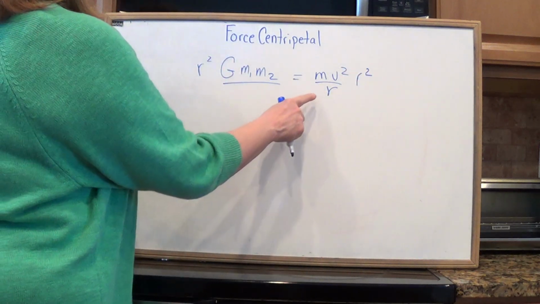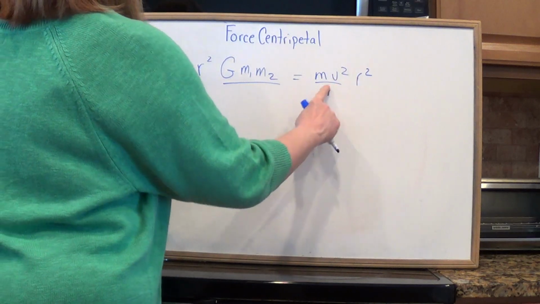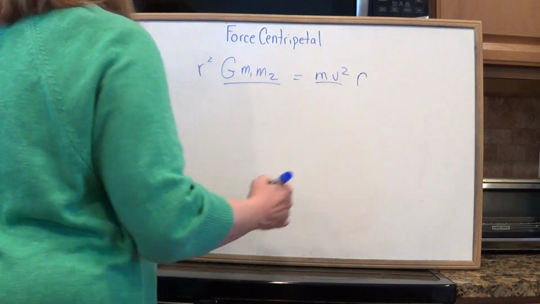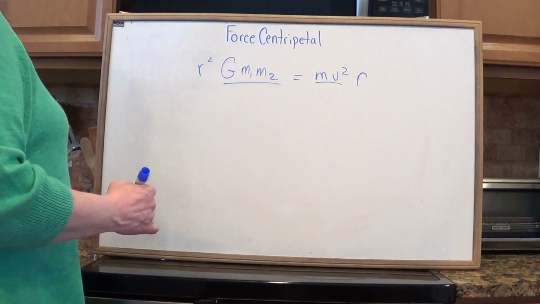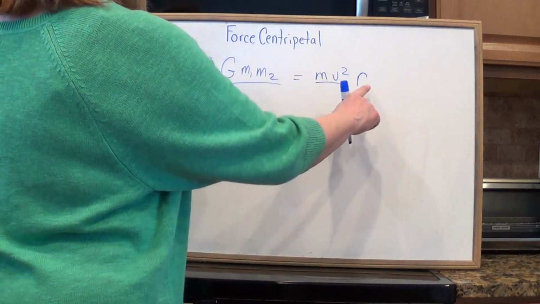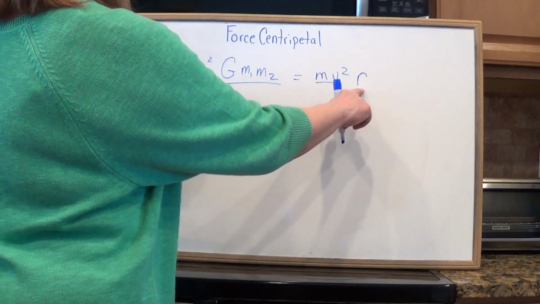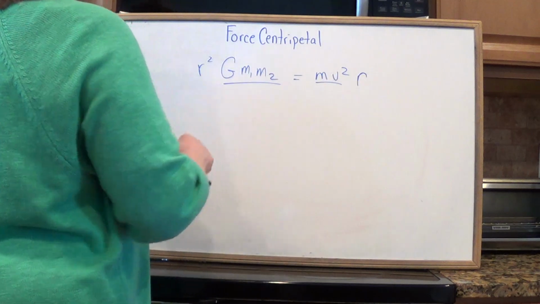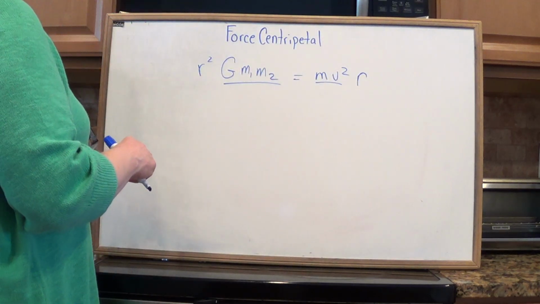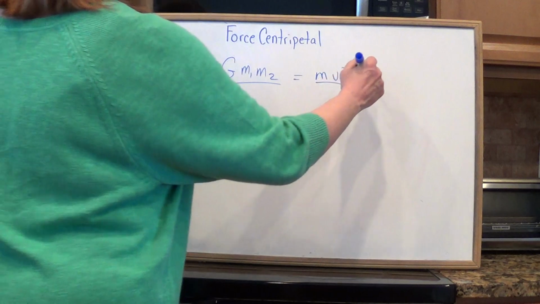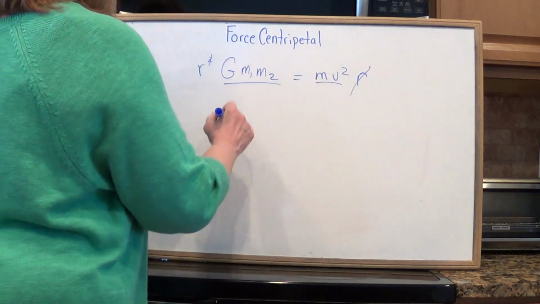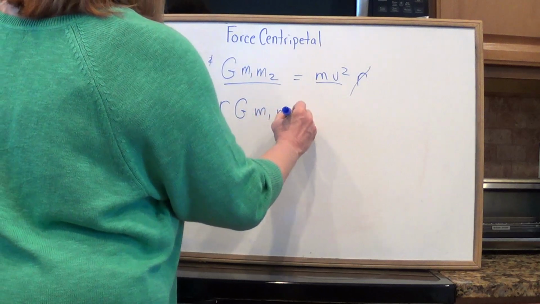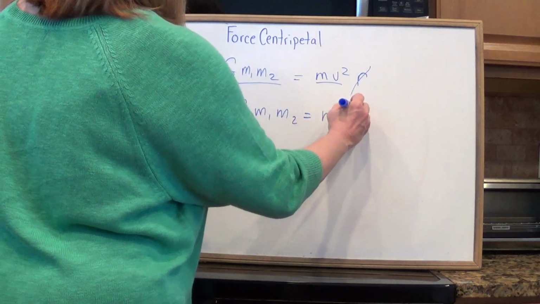On this side, however, you'll notice the r in the denominator will simplify one of these r's in the numerator. So now that has become simplified. The r squared is now out of the denominator. I can divide both sides by r and get it even more simplified. So I have r g m1 m2 equals mv squared.